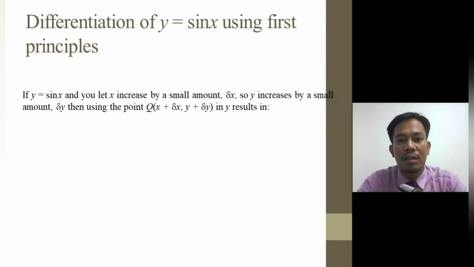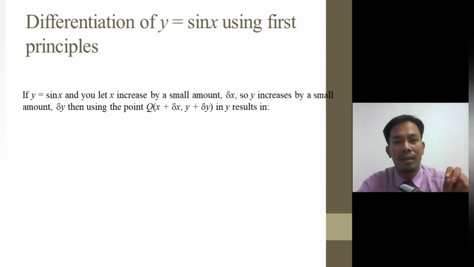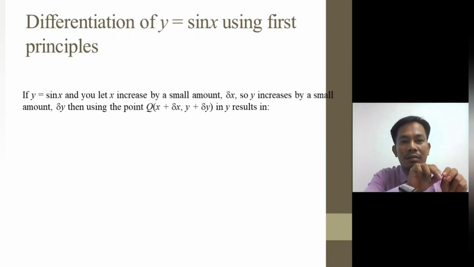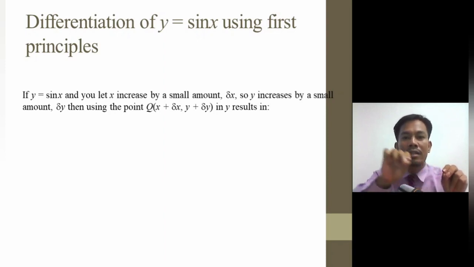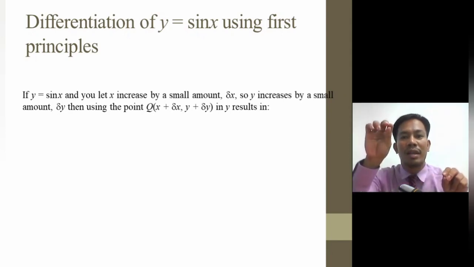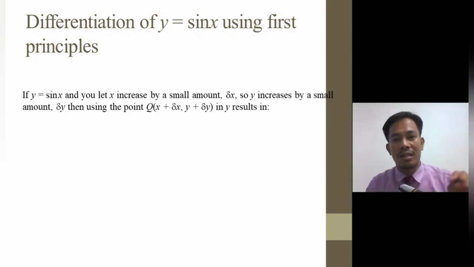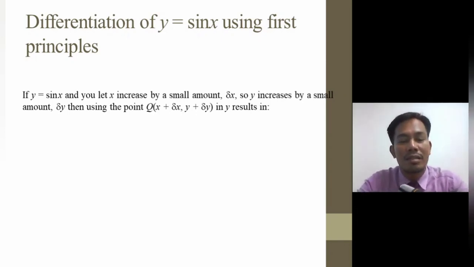Remember, when we say first principle, you have a point P where the coordinates are x, y, and when you move that point P along the graph of y equals sine x, there will be a point Q. When you move it, there is a small increment in x, and when there is a small increase in the value of x, there will always be a small increase in the value of y.